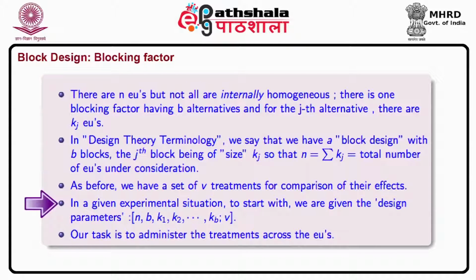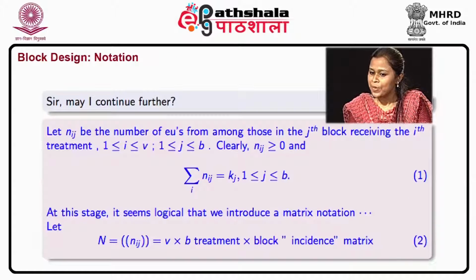In a given experimental situation, to start with, we are given the design parameters, which are N, B, K1, K2, ..., KB, and V. Now, our task is to administer the treatments across the experimental units. So, may I continue further? Yes, go ahead.